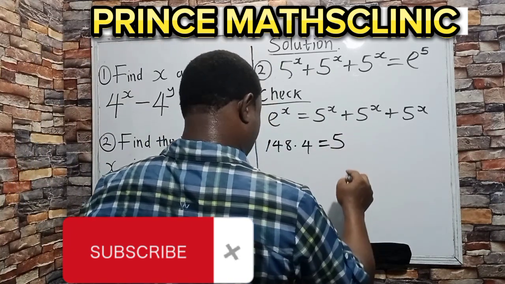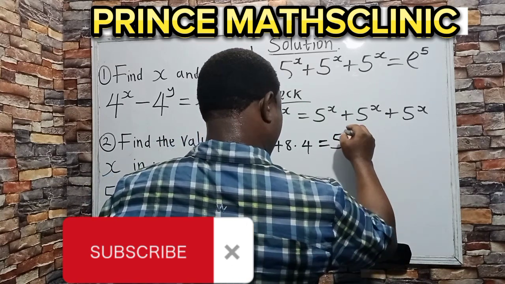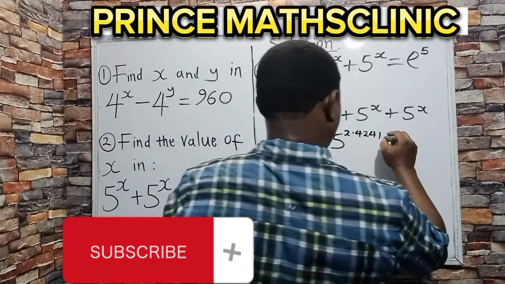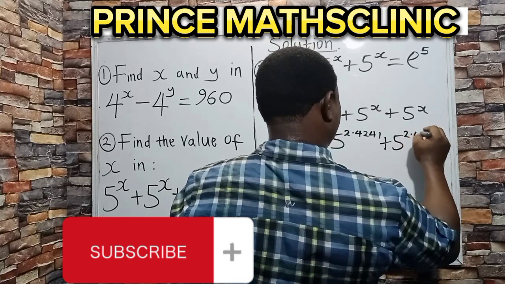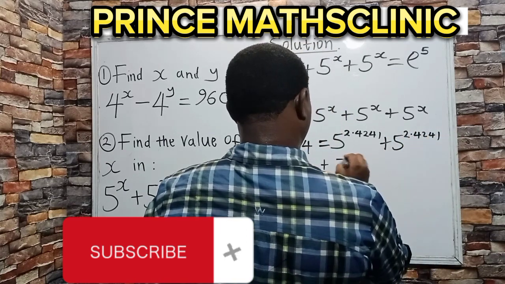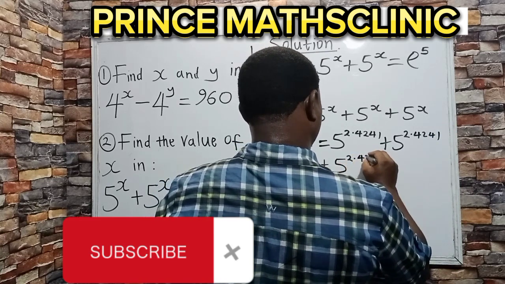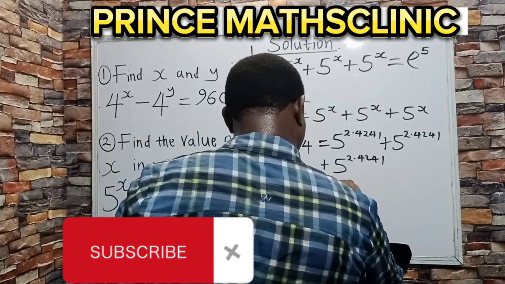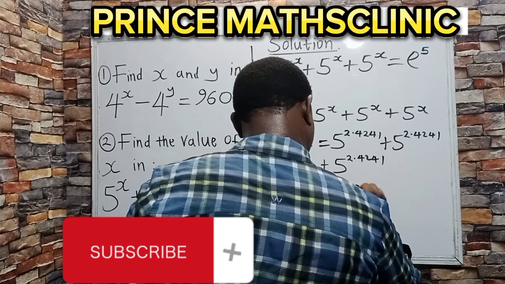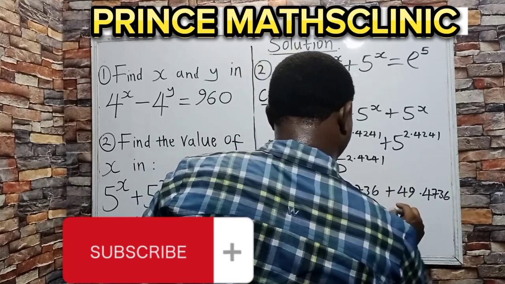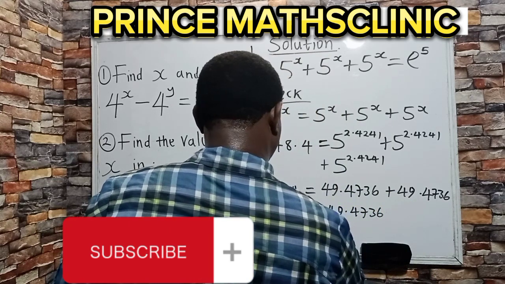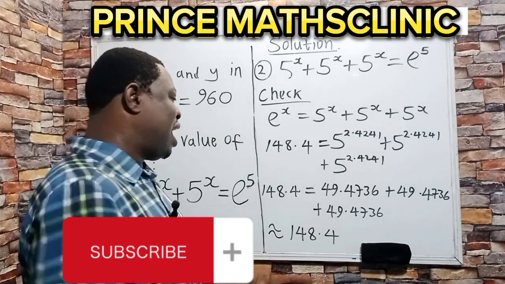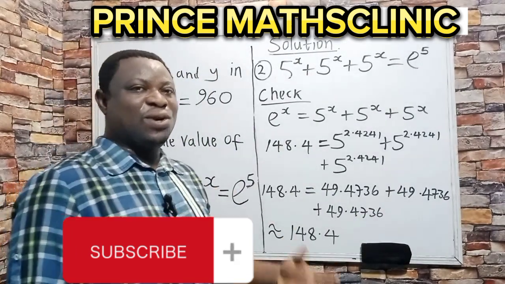We got the value to be 2.4241, so 5 to the power of 2.4241 plus another 5 to the power of 2.4241 plus another 5 to the power of 2.4241. 5 to the power of 2.4241 will give us 49.4736, and adding all of this is going to give you an approximate value of 148.4. That proves that our result is correct.